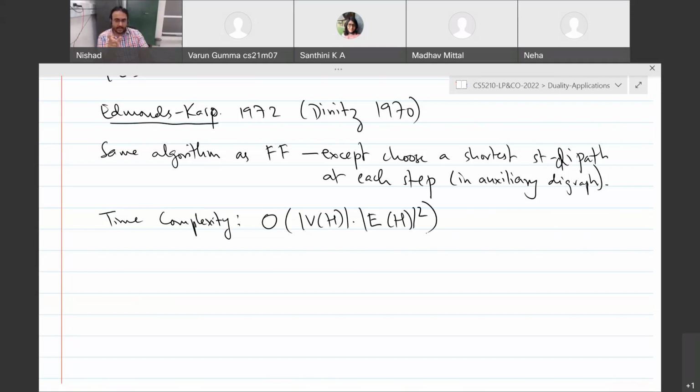But the main point is that the total number of incrementations will simply be the number of vertices multiplied by the number of arcs instead of the capital F, which was the maximum value of a max flow. Okay. So this requires careful analysis and proof.